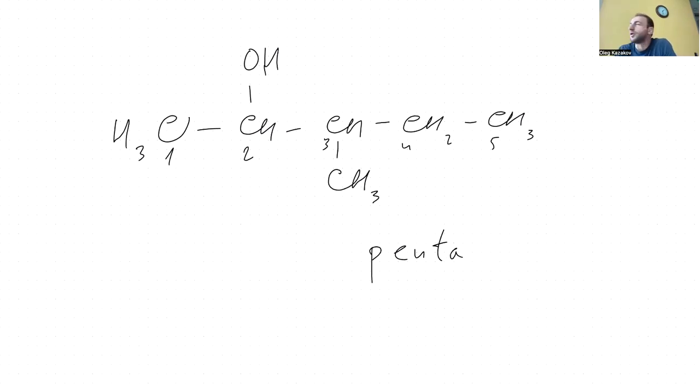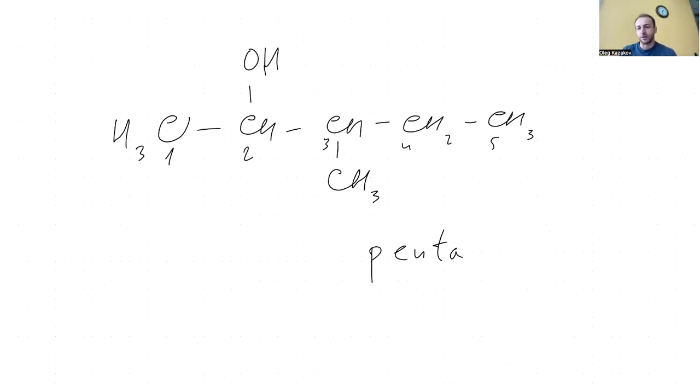And then for alcohols, we use almost the same root as in alkanes, except we're going to remove the letter E. For example, if you have just an alkane from 5 carbons, you are going to have pentane.